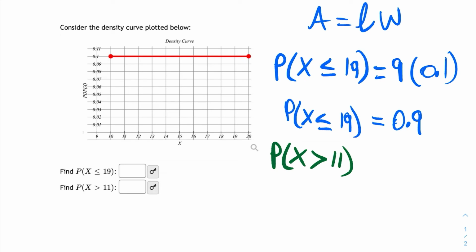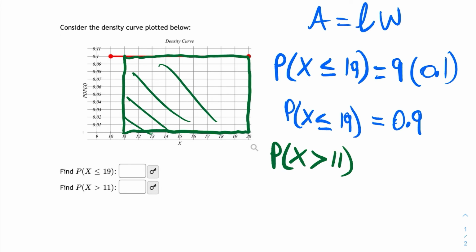So we find 11, and we're looking for the area to the right because we have greater than. So I'm looking for the area to the right of 11, but still under that red horizontal line. I'm looking for this much here. Once again, that area is just length times width. The length, side to side, is from 11 to 20.